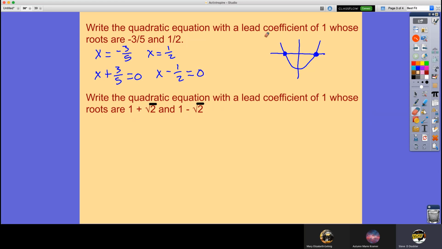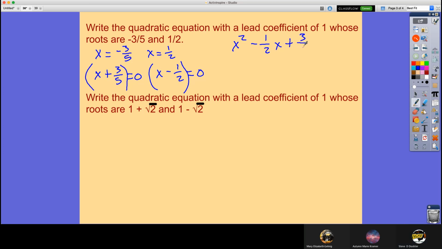Once we get there, then we have two factors here. We have this one and this one. What do you think you do with the factors? We FOIL them together. Yep. So x times x is x squared. And then we've got minus a half x plus 3/5 x. And then minus 3/10.